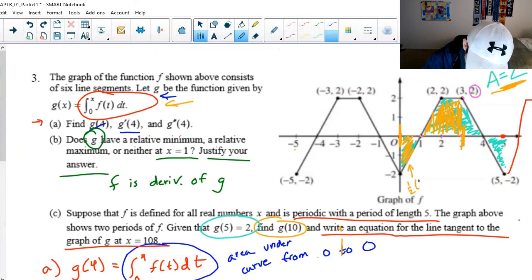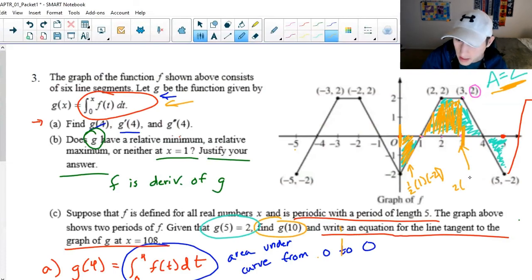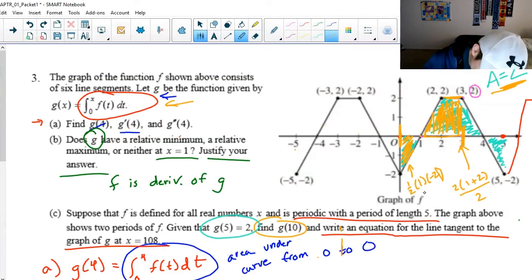One half times base times height for the first area. For the second area, it's a trapezoid: the height, which is 2, times the sum of the base lengths, the top base of length 1 plus the bottom base of length 2, all divided by 2. So this area equals -1, and this area equals 3.